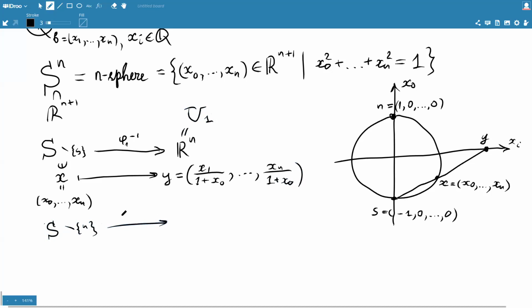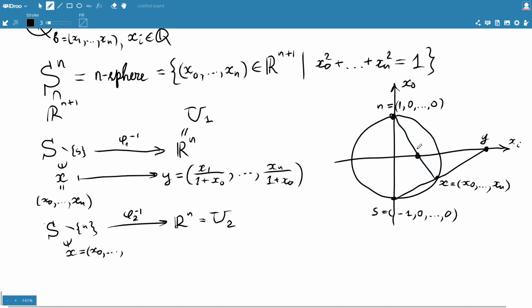This is phi 2 to the minus 1 to R^n, which is in this case the second chart U2, which maps the point x correspondingly by the projection from the North Pole. So, oops, I'm sorry, my straight line is not straight enough.